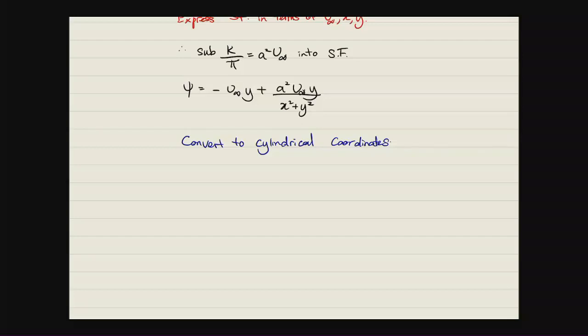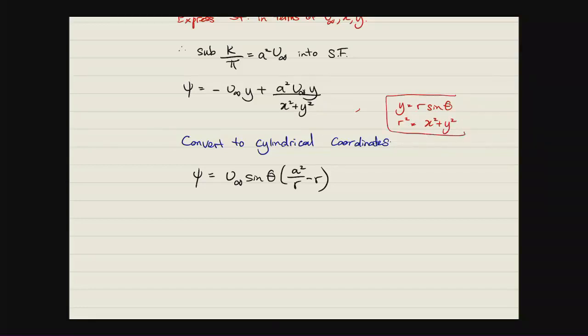I'm skipping a few steps here, but you should be able to show that psi is equal to u infinity sine theta times a squared over r minus r. You can very easily do this because you know that y is equal to r sine theta, and you know that r squared is equal to x squared plus y squared. Using this information, you can convert from Cartesian to cylindrical coordinates, which is what I've done.